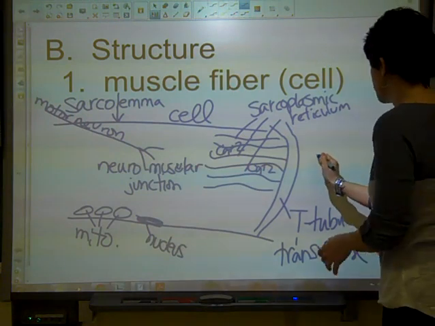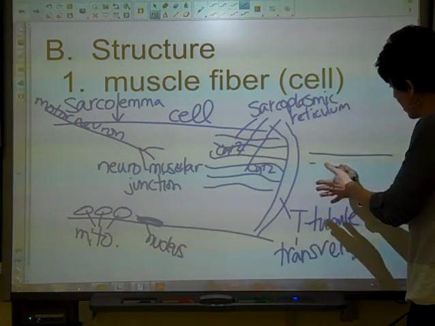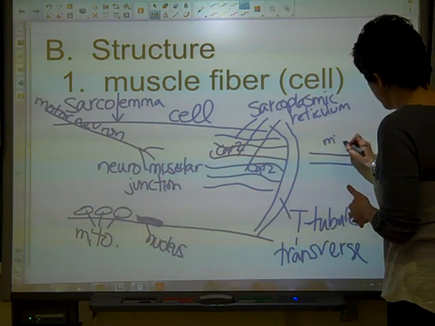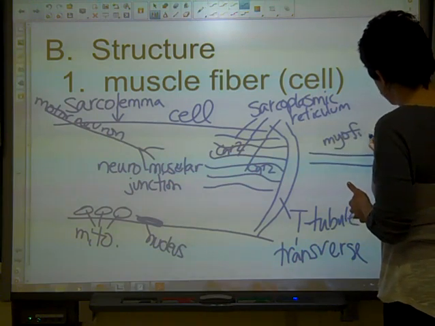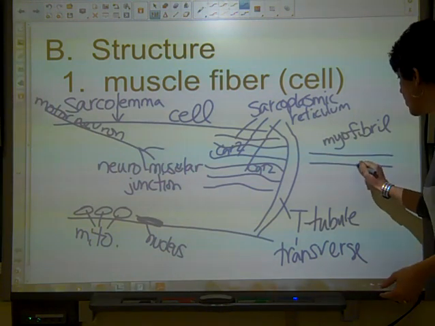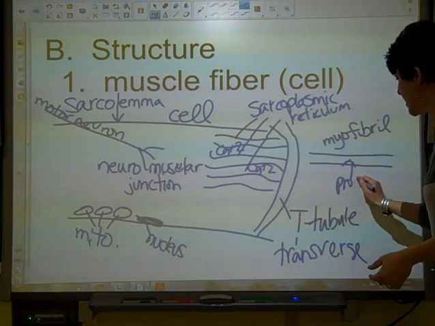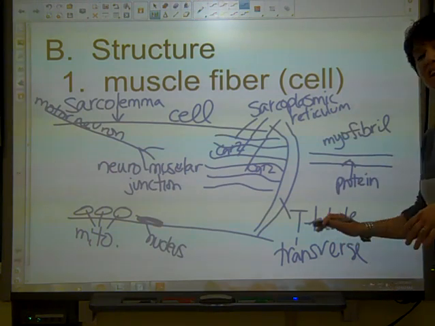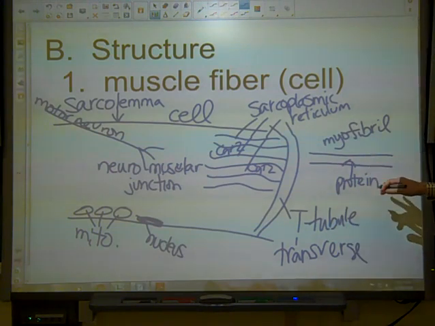And then if I was able to take out just a little, this would be one myofibril. Remember that last diagram had 5 myofibrils in it. The myofibrils are what actually have the protein inside of it. And that's going to be the part that actually contracts.